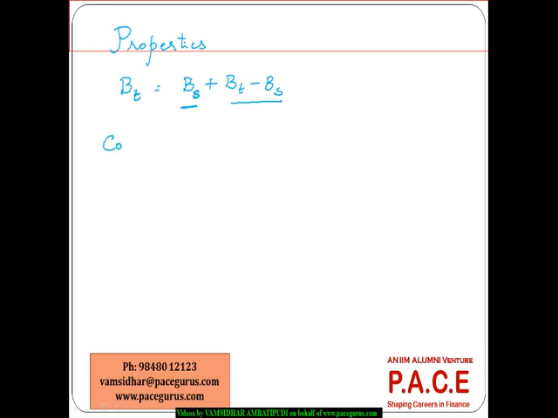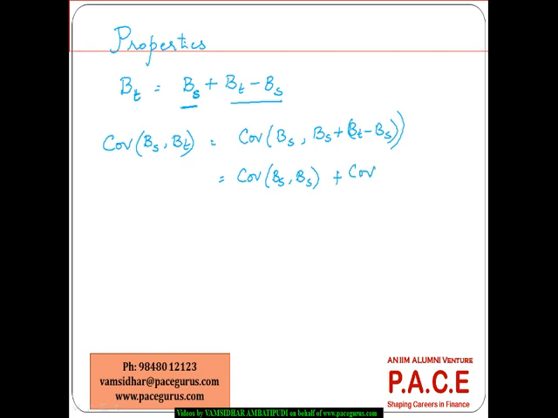So among the important properties, let's take the covariance between Bs and Bt. To derive that, I'll write the covariance between Bs comma Bt as the covariance between Bs comma Bs plus Bt minus Bs. That gets simplified to the covariance between Bs comma Bs plus the covariance between Bs comma Bt minus Bs.